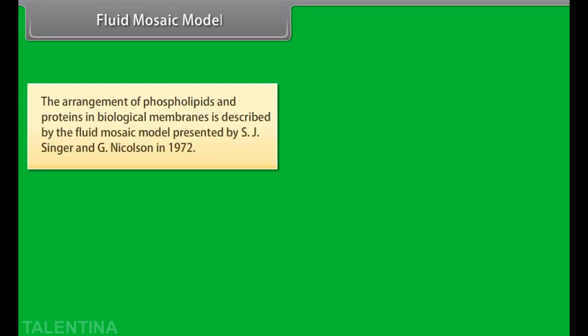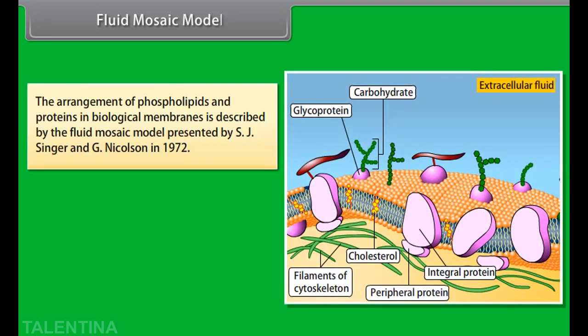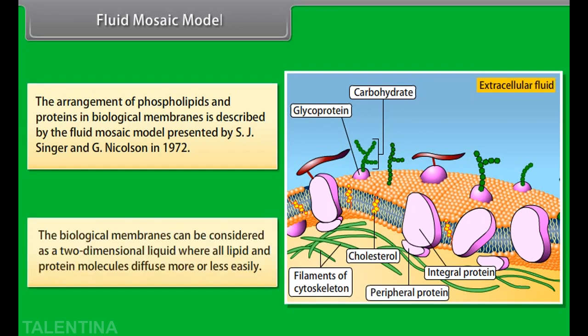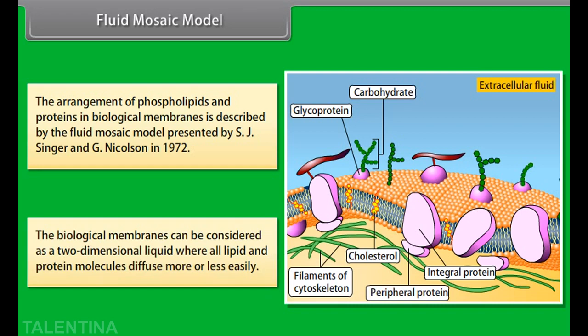Fluid mosaic model. The arrangement of phospholipids and proteins in biological membranes is described by the fluid mosaic model presented by S.J. Singer and G. Nicholson in 1972. The biological membranes can be considered as a two-dimensional liquid where all lipid and protein molecules diffuse more or less easily.